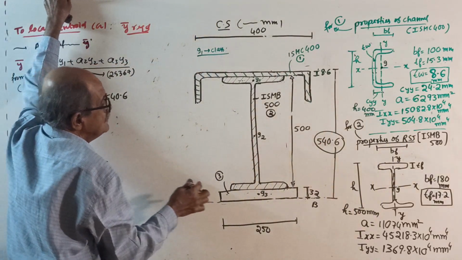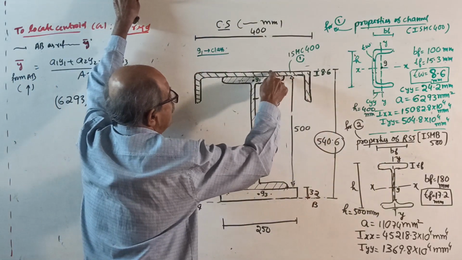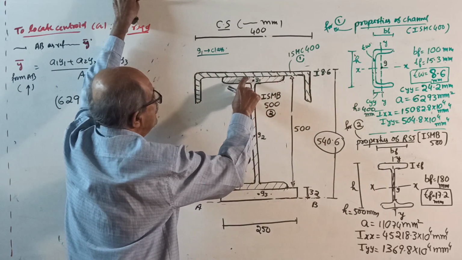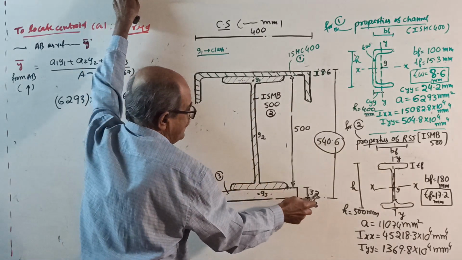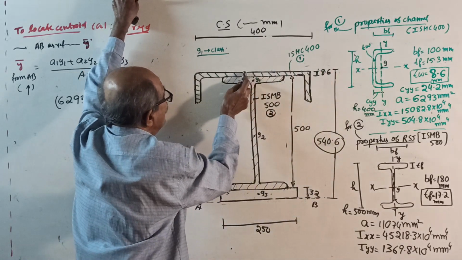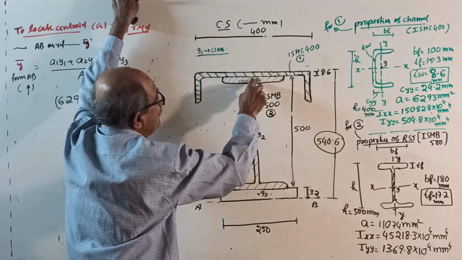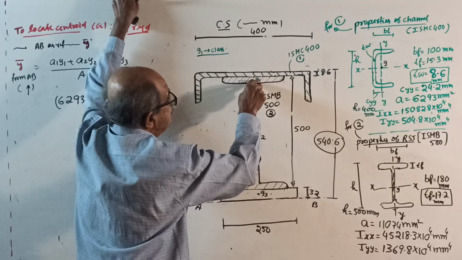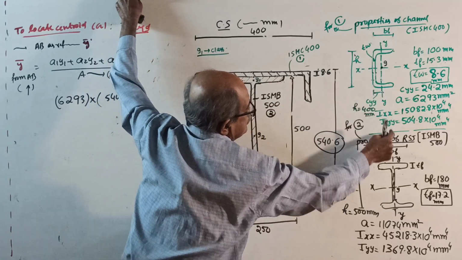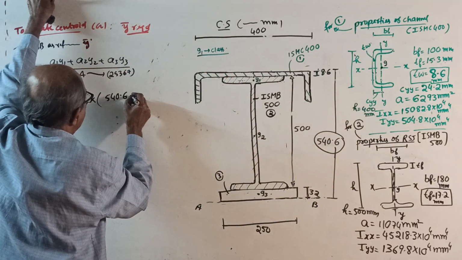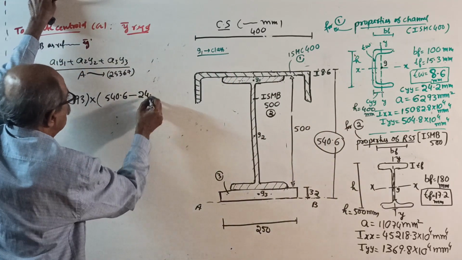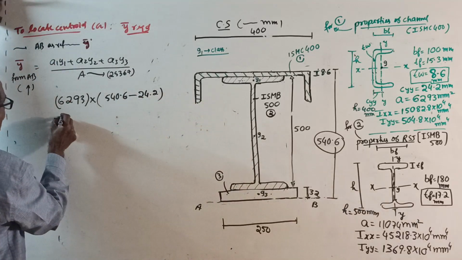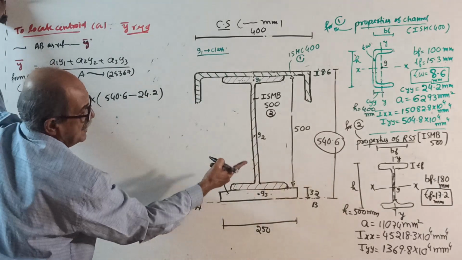Someone told earlier, sir, 540.6 minus 8.6, minus 24.2 minus 8. What are you doing? Directly write 540.6 minus from here to centroid, this distance, 24.2. Directly 540.6 minus 24.2. Okay, A1 Y1 plus A2, area of the RSJ.